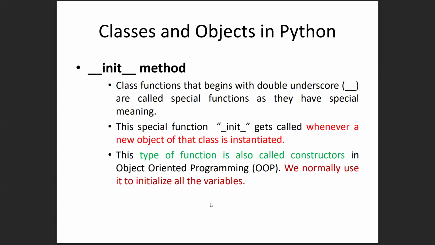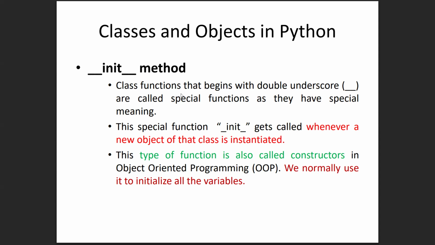Next one, the init method. We'll discuss this method, and in the examples I will discuss what this init method is doing. Class functions that begin with double underscore are called special functions.